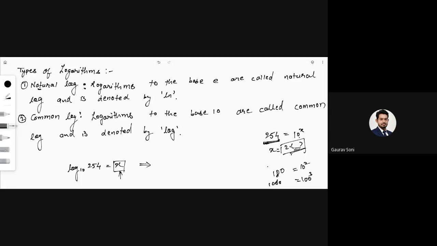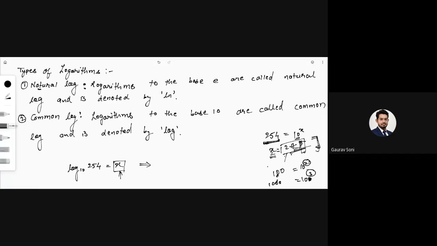I know that 10 raised to 2 is 100, and 10 raised to 3 is 1000. So the value of x must lie between 2 and 3, right? So it will be 2 plus something, and this something I have to find out.